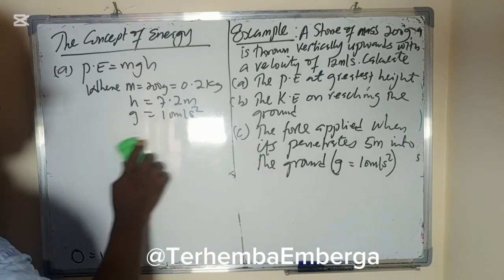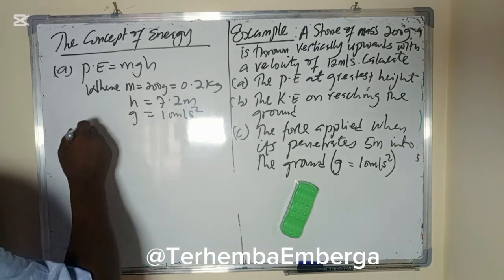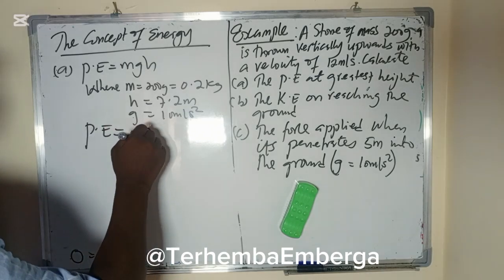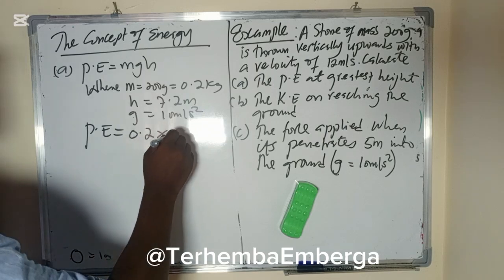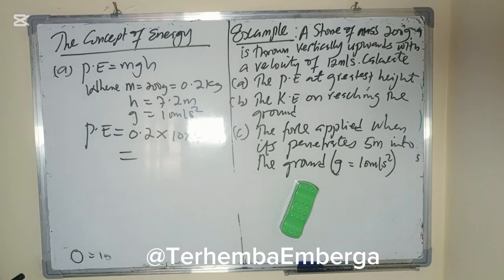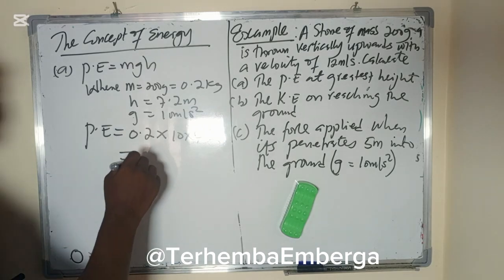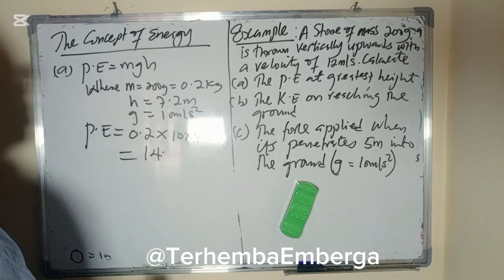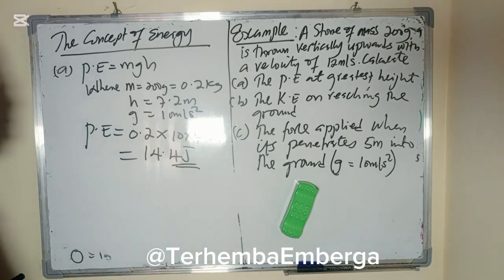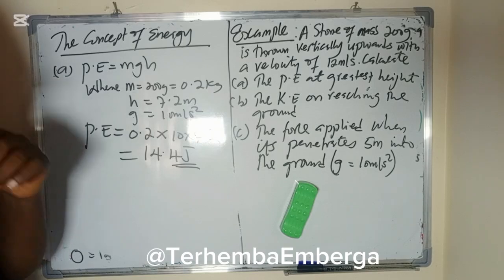By the time you substitute, we have PE equal to 0.2 times 10 times 7.2, and by the time you work this out, you have 14.4 joules. So that is just the A part.